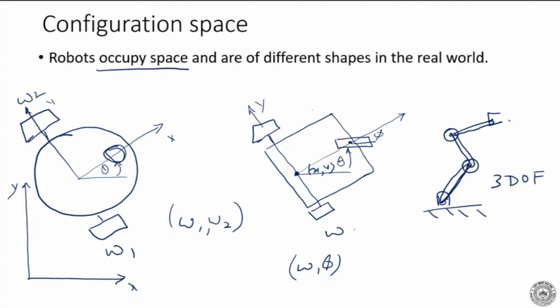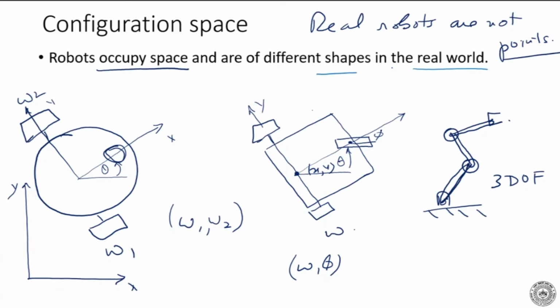Real robots are not points, as we assumed in the bug algorithm case. There are different kinds of robots, and they occupy space and have different shapes in the real world.